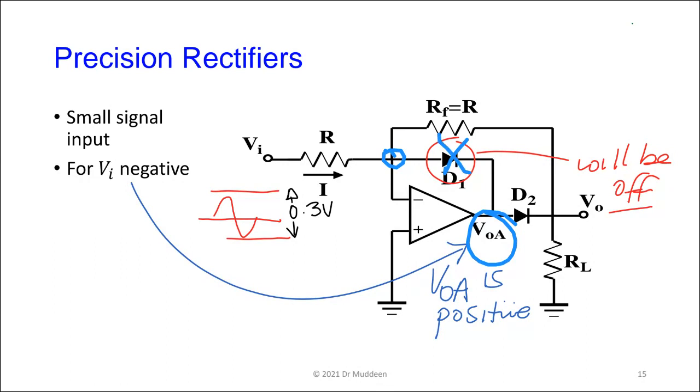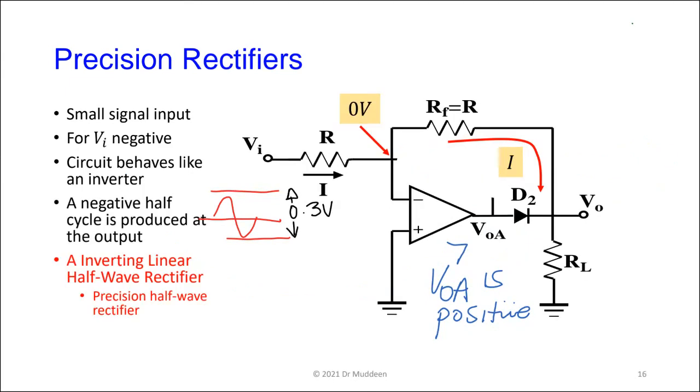D1, D2, sorry, now turns on. How does that help us? Okay, we look at this thing, and now if D1 is out of the circuit and D2 is in, the circuit basically behaves like a normal inverting amplifier. D2 is now part of the feedback loop.